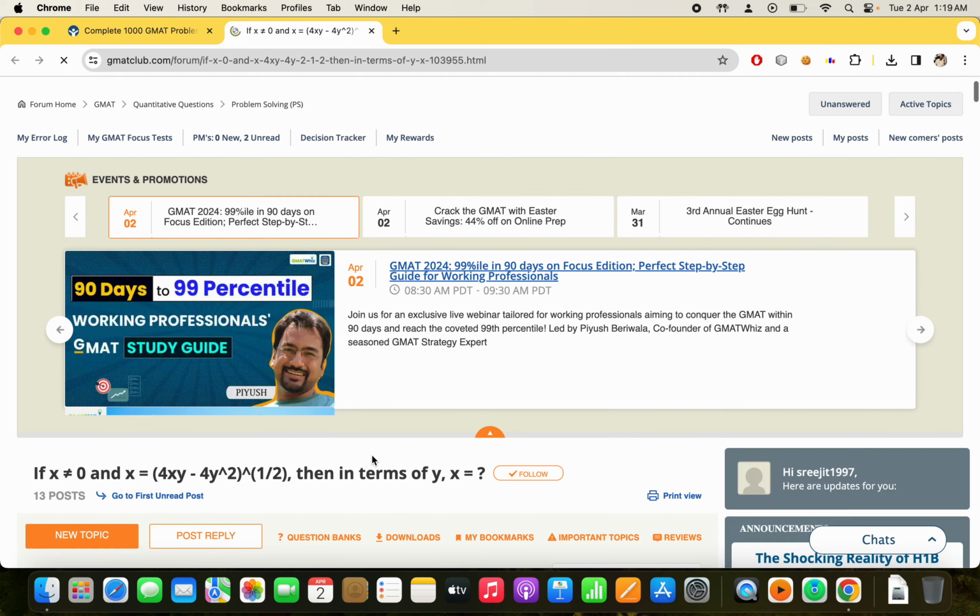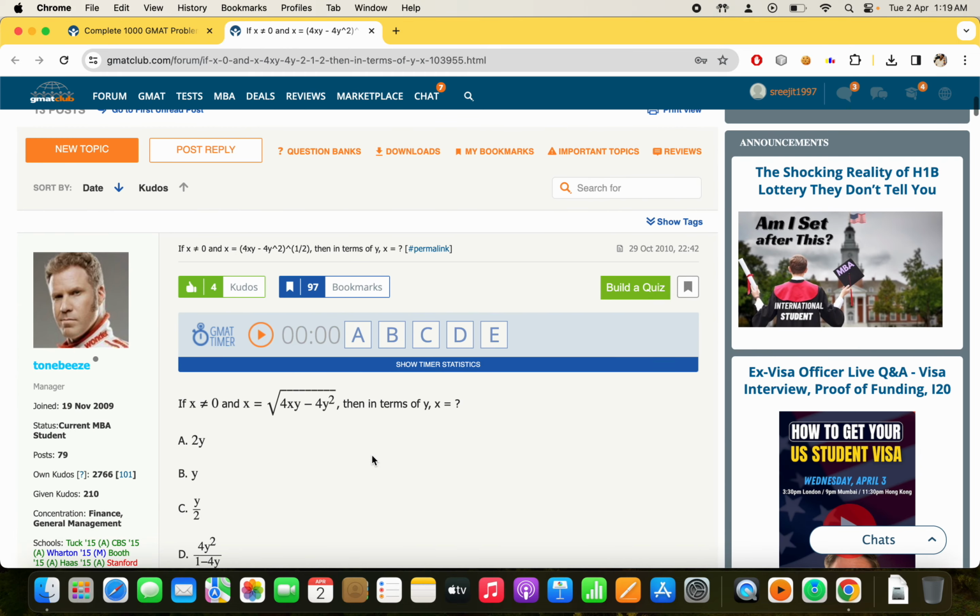Anyway, moving to the 17th question. Okay. If x not equal to 0, x equals 4xy minus 4y squared. And in terms of y, x is... minus y squared.